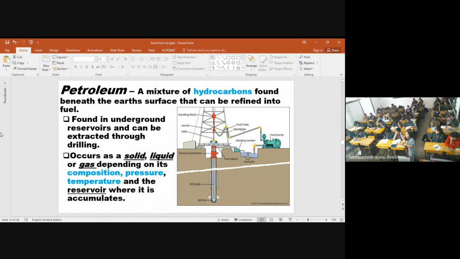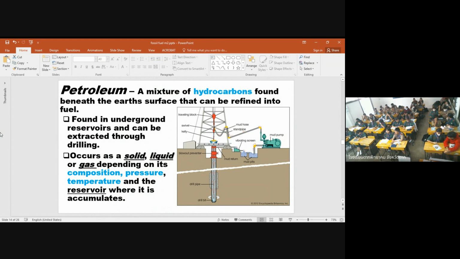So it occurs as a solid, liquid, or gas, depending on its composition, pressure, temperature, and the reservoir where it accumulates. So for example, this is how you take your petroleum gas.